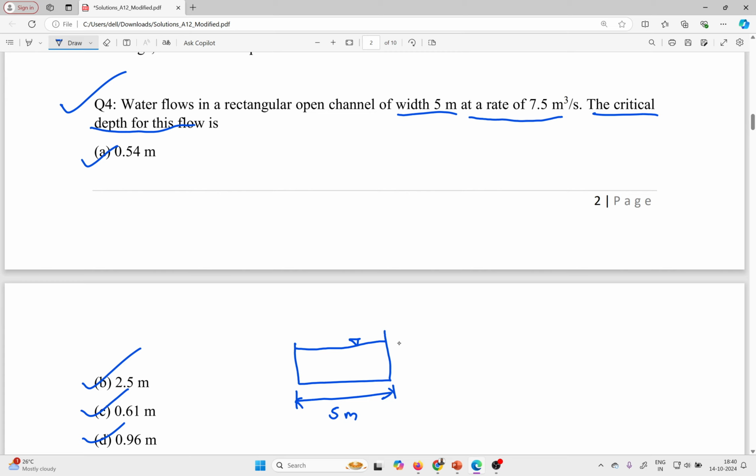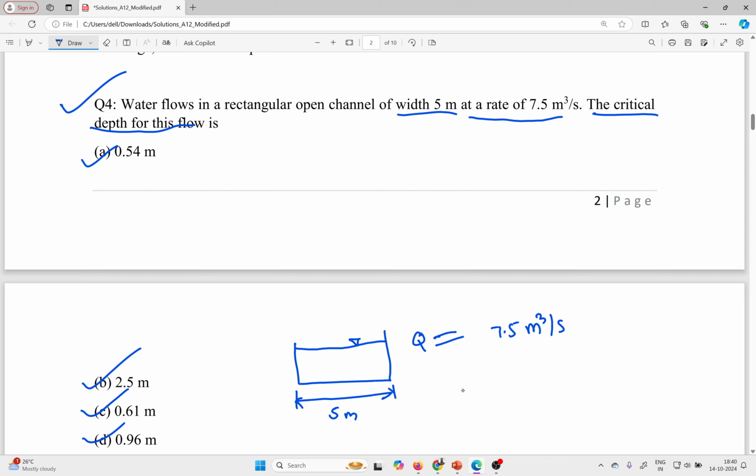And the flow rate is given, Q is equal to 7.5 meter cube per second discharge.